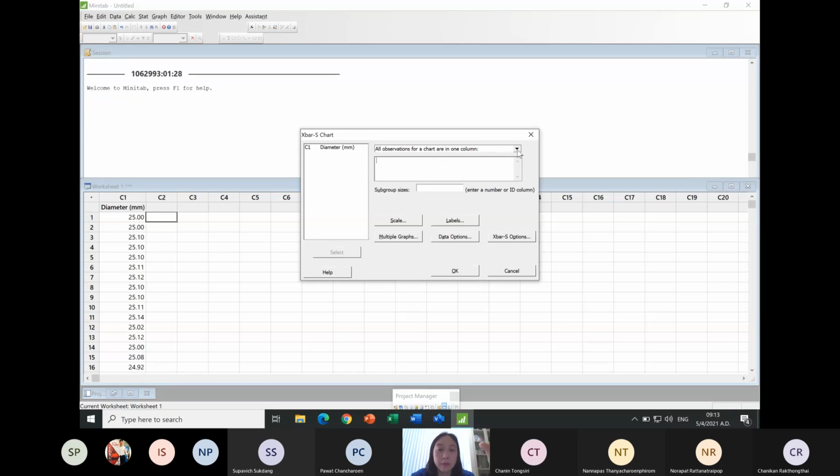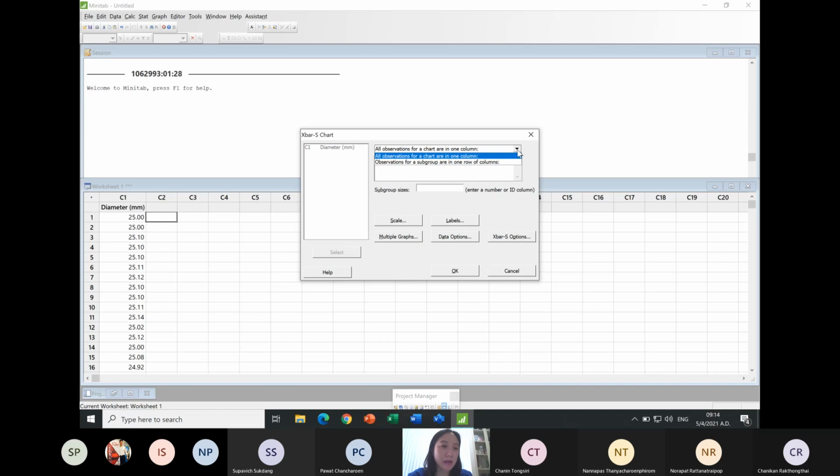On the top, if you click on that arrow, you have two choices of how to enter the data into Minitab. The first one says: All observations for a chart are in one column.